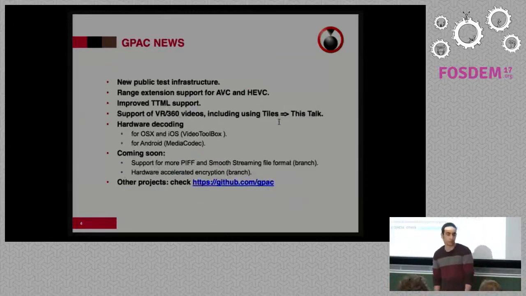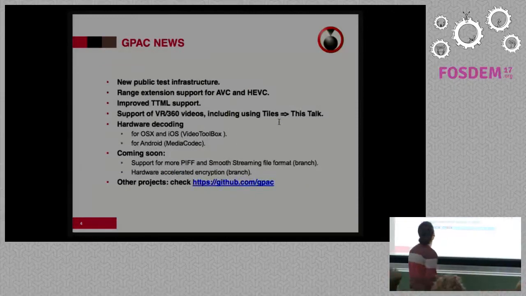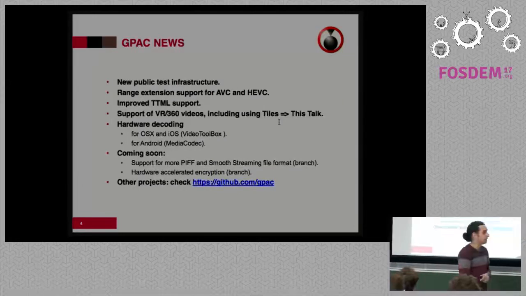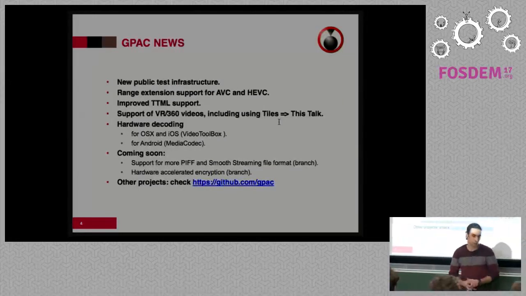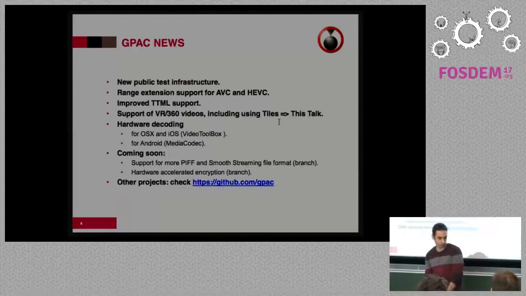Here we have some latest news. So now we have a public test infrastructure. We have support for range extensions for EVC and HEVC. We've improved the TTML support. We now have support for hardware decoding in OS X, iOS, and Android.